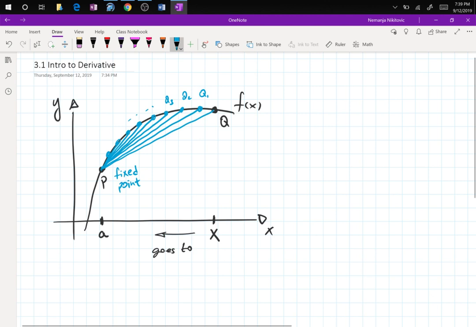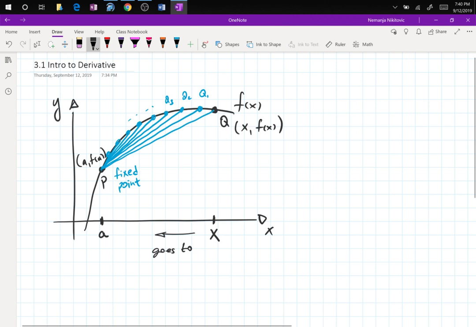Now, what are the coordinates for point Q? Clearly they are x and f of x. And the point P has coordinates a, f of a. Let's call this x, f of x, so it's consistent with a, f of a. And if you want to compute the slope of the line, you will use the slope formula.